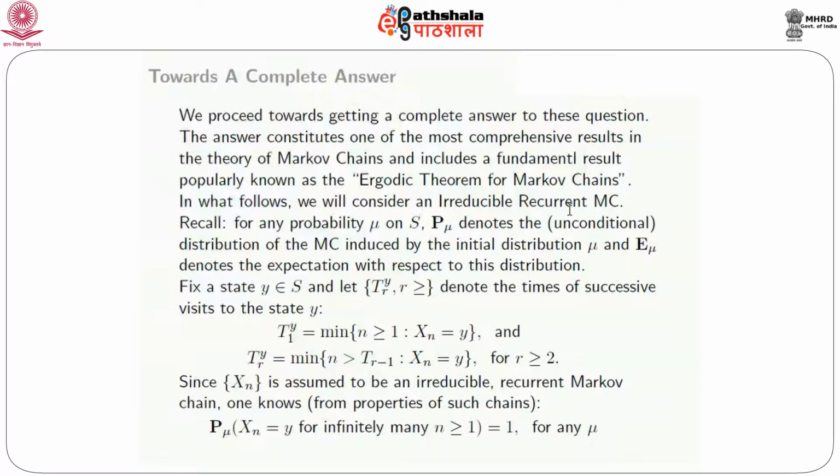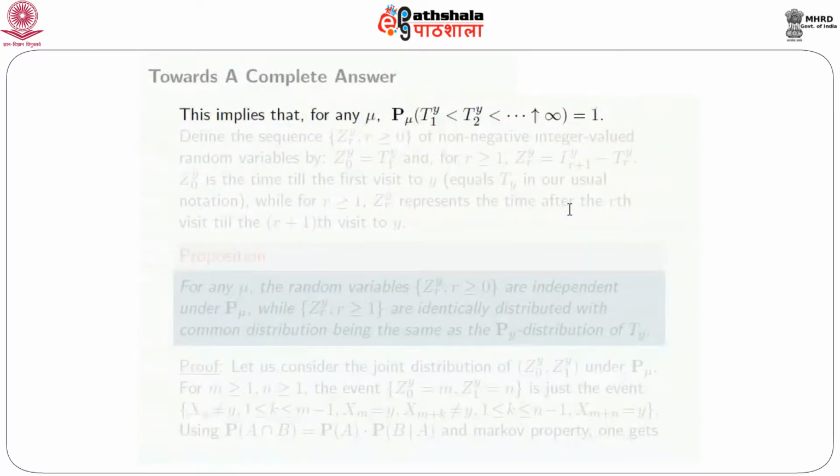So if you now take these Px probabilities and multiply them by mu(x) and add, you still get 1 for any mu. That tells you that under this probability distribution P mu, the state y would be visited infinitely many times with probability 1. That means, in other words, that T_1^y, T_2^y, etc., all of them would be finite. T_1^y would be less than T_2^y by definition, etc., and they would increase to infinity because they are strictly increasing integers. So they have to increase to infinity, and the P mu probability of this event is 1.